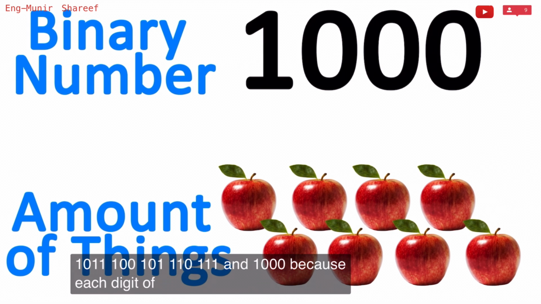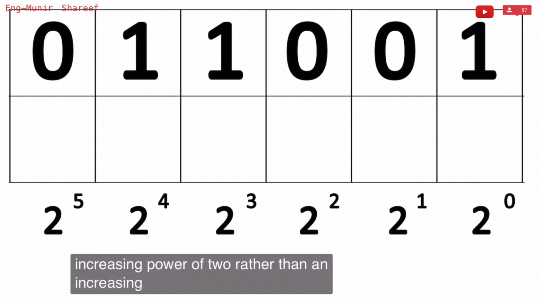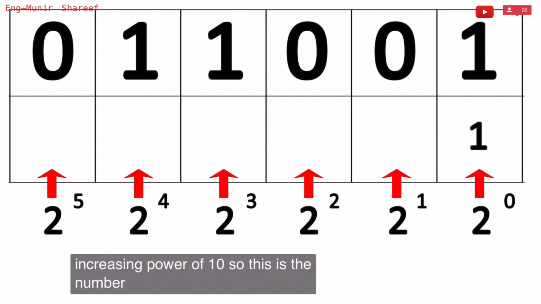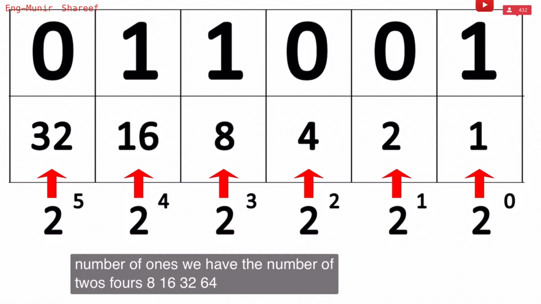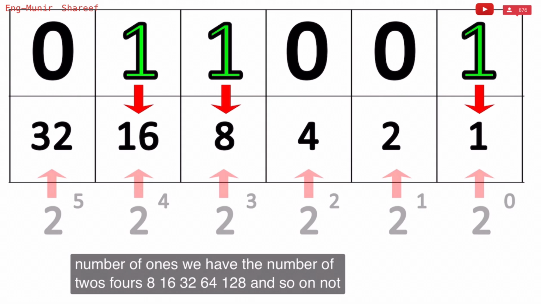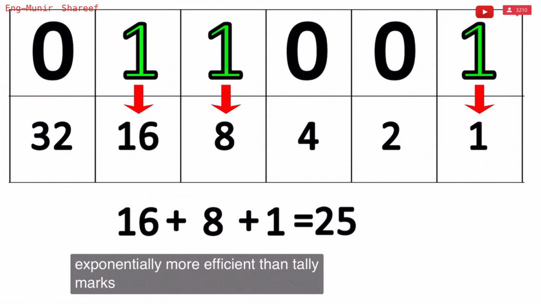Because each digit of binary has only 2 values and not 10, each additional digit represents an increasing power of 2 rather than an increasing power of 10. So this is the number of ones we have, the number of 2s, 4s, 8s, 16s, 32s, 64s, 128s, and so on. Not nearly as efficient as base 10, but exponentially more efficient than tally marks. Literally.